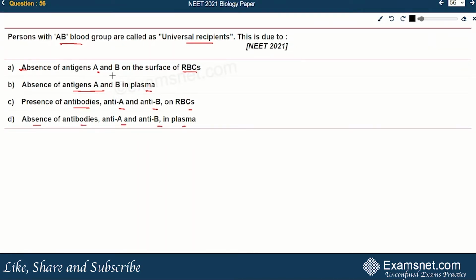So here you will see two terms are used, antigen and antibody, right? Also, two different locations are mentioned here, the surface of RBC and plasma. So let's see what are antigens and antibodies and where are they located.